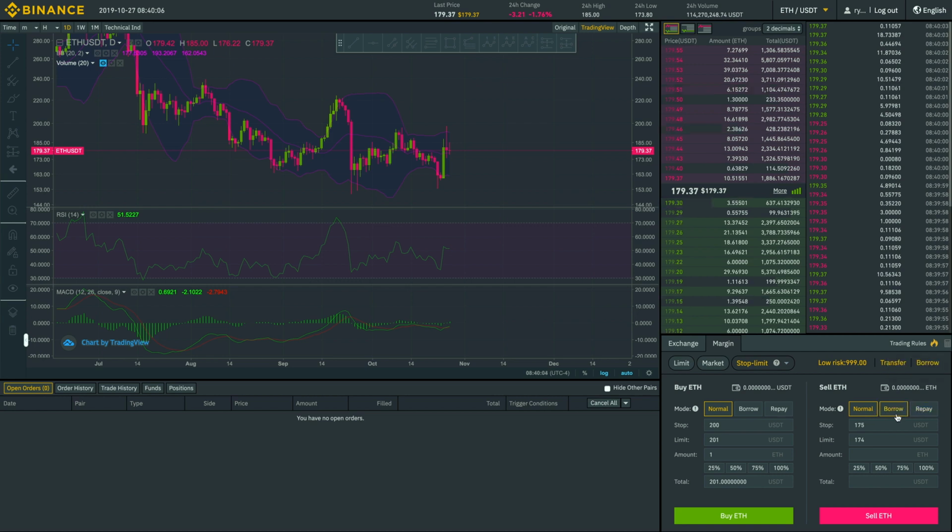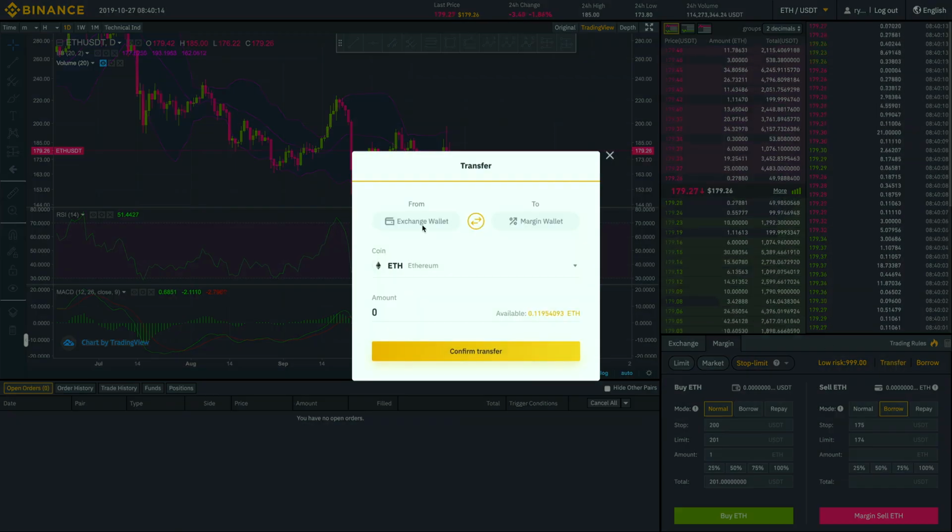So let's see, you have an exchange wallet here, right? And you want to transfer it to your margin account. Just like in stocks, commodities, you need a margin account. So you have to have an exchange wallet, which doesn't allow you to trade on margin, and then you have to send it to your margin wallet.